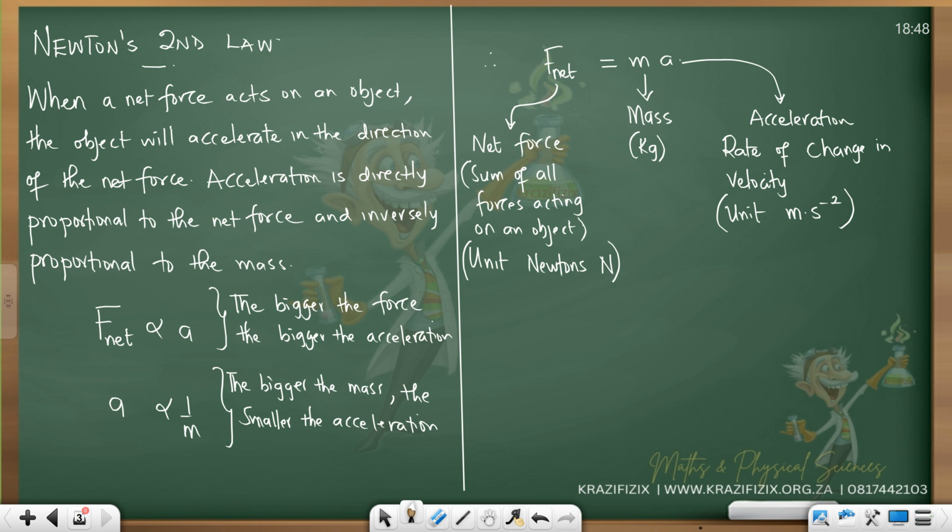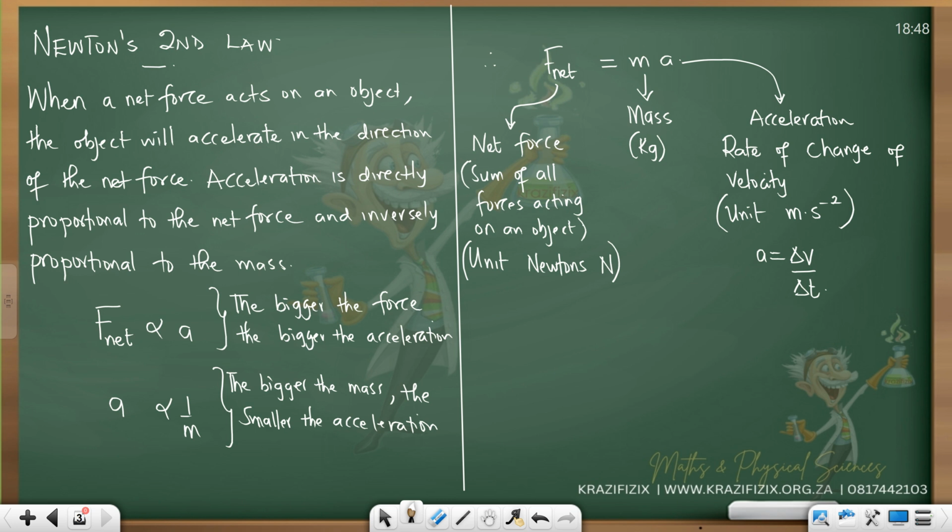It is the rate of change of what? Velocity. Rate of change of velocity. You must know that definition. a is change in velocity over change in what? Time. We did that in grade 10. Are we good? Yes, sir.